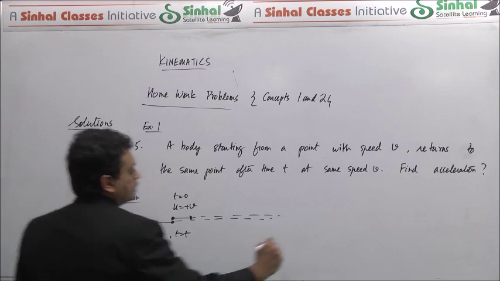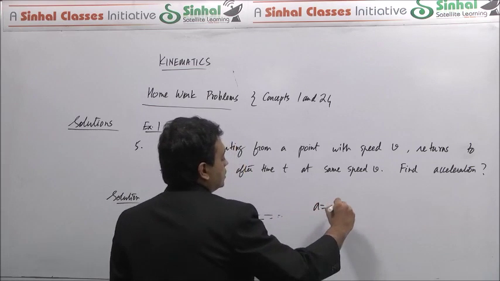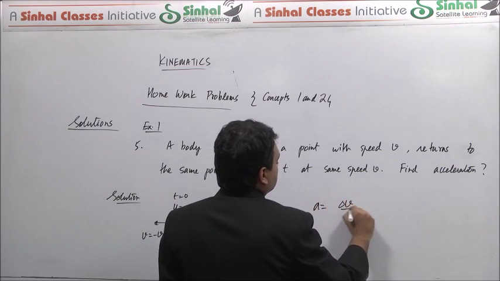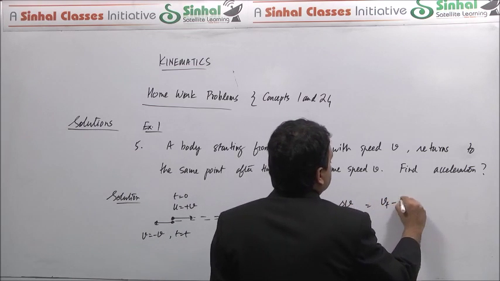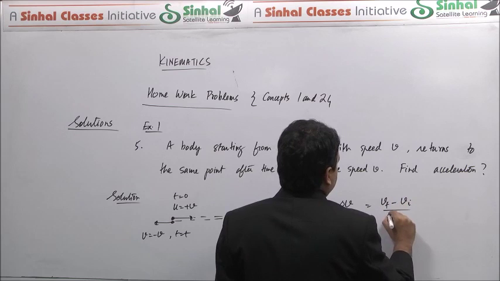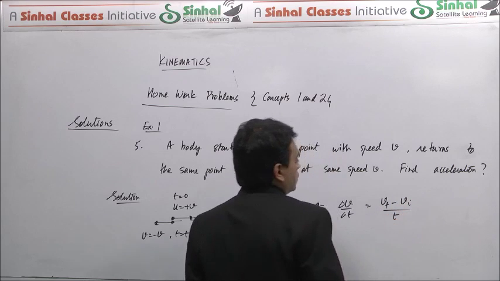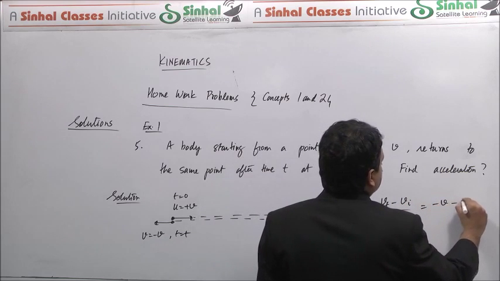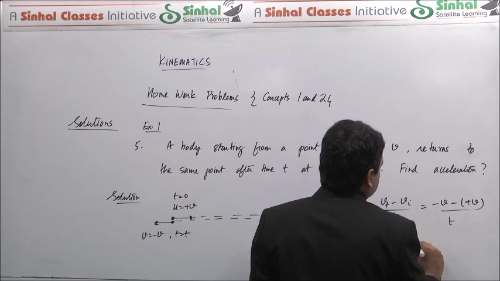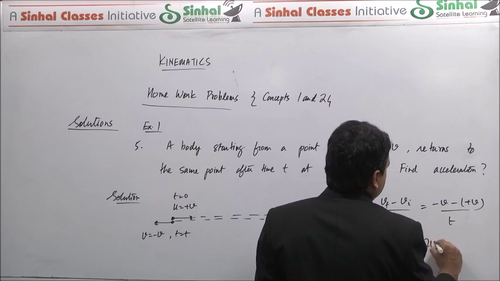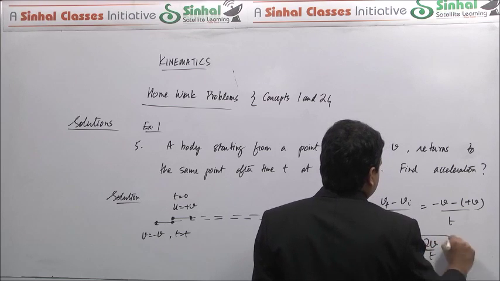So from that we have to find the acceleration. So acceleration is change in velocity upon change in time. So that is final velocity minus initial velocity upon time. So the final velocity is minus v, the initial velocity was plus v. So the magnitude of the acceleration, as you can see, is 2v by t.